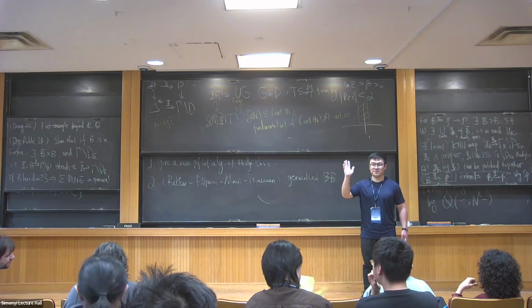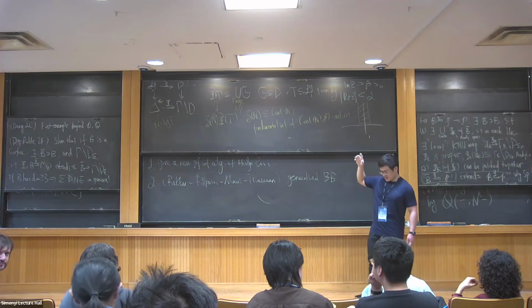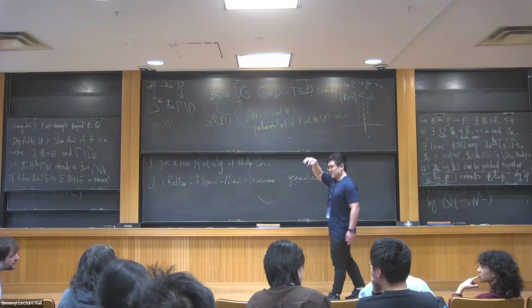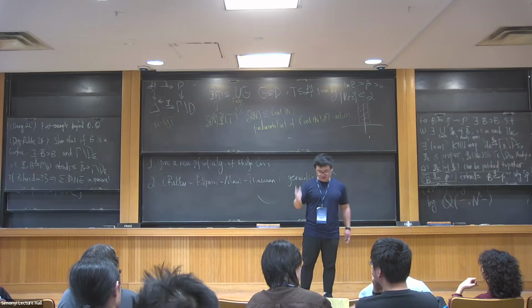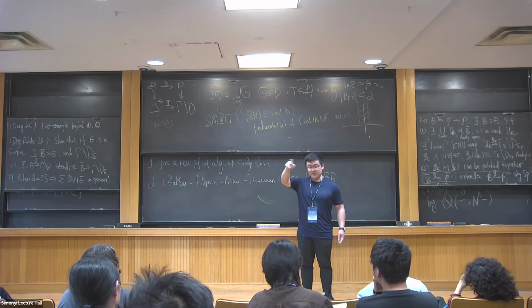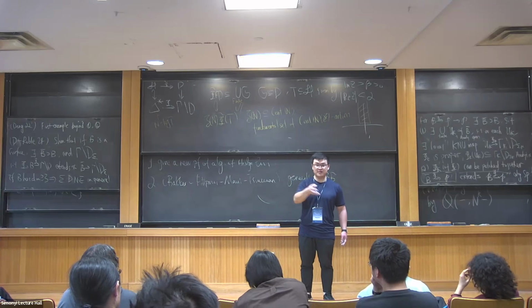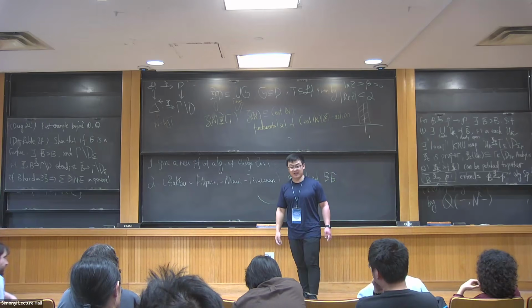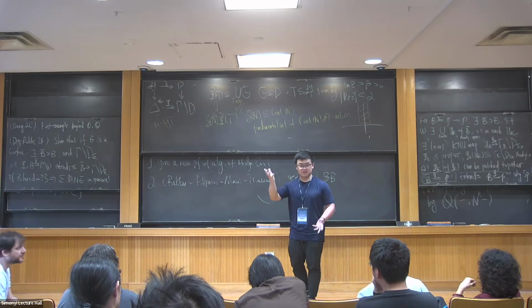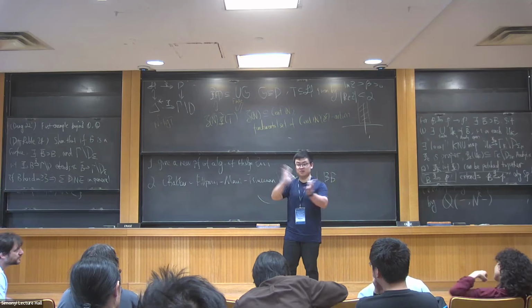It could be some larger cone. For example, if you are saying it's a tubular neighborhood of a stratum with the monodromy cone sigma, this gamma K is actually gamma of tau K, where tau K is a larger cone. It contains sigma, but it's a larger cone. That is what you can expect. But it's still abelian, and it still comes from the exponential of some larger monodromy cone.